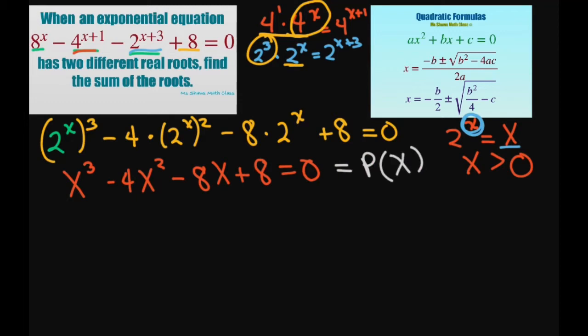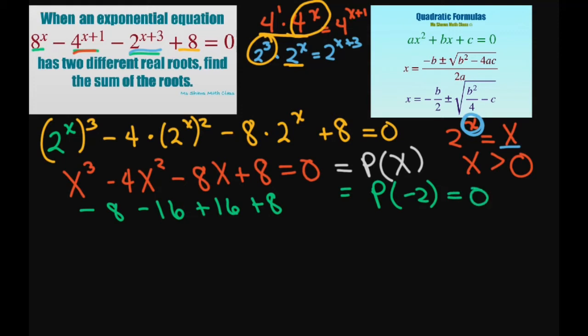And then this is a little hint for y'all: p of negative 2 is going to equal negative 8 minus 16 plus 16 plus 8, and this is going to equal 0. So that means p of big X has a factor of X plus 2.